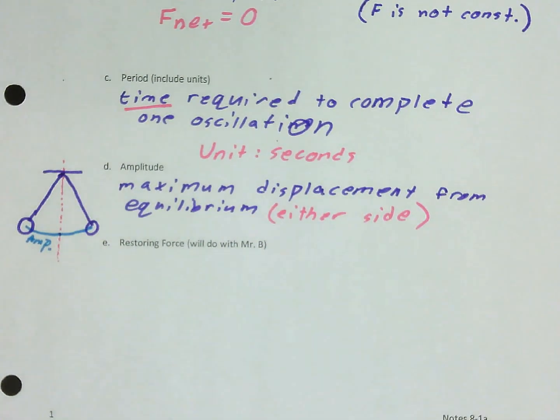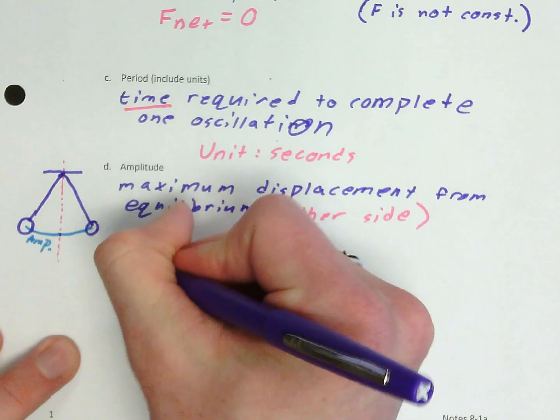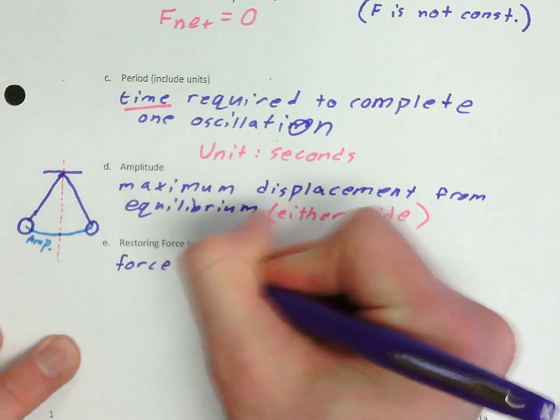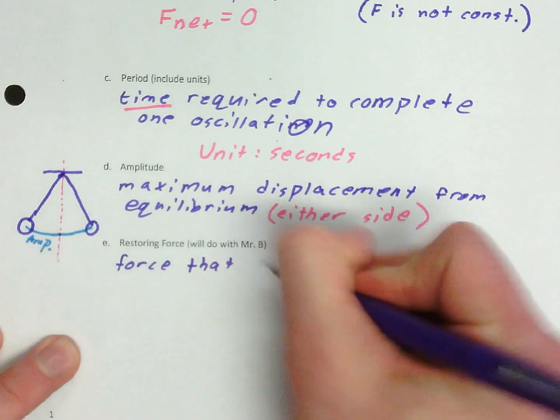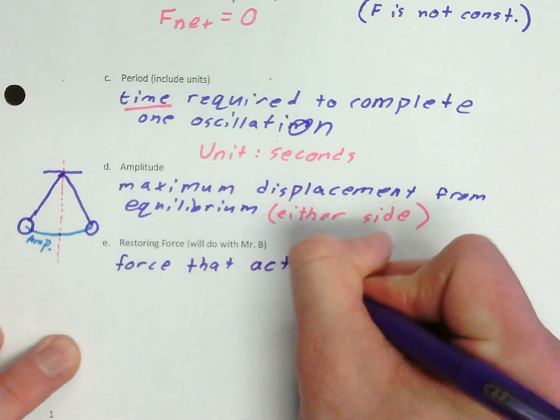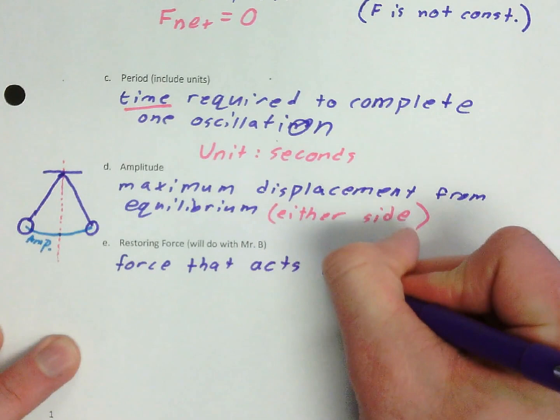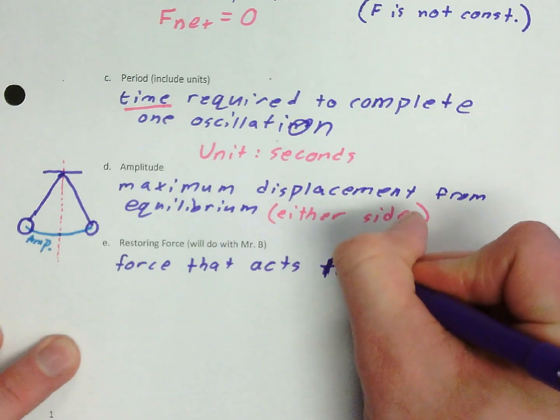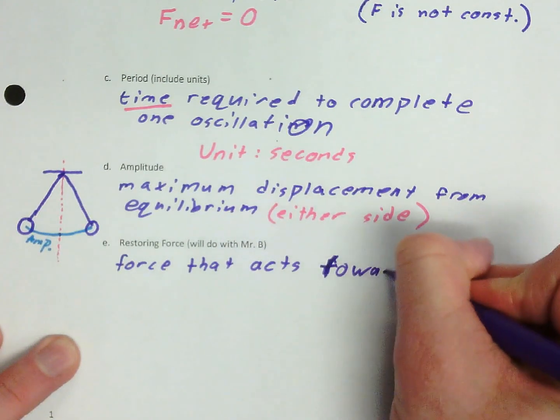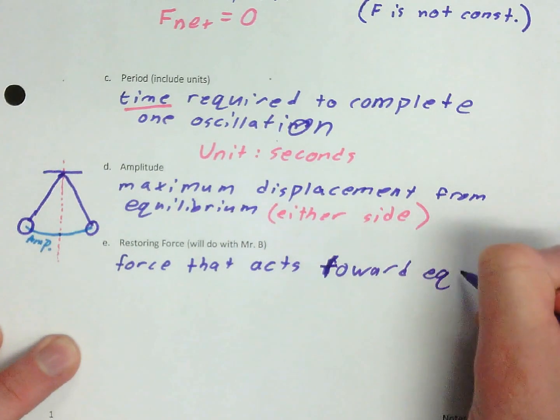Good. All right, so let's look at restoring force. This one I'm going to do with y'all. So restoring force is the force that brings an object back to equilibrium. So it's the force required that brings an object back to equilibrium. So it's the force that acts toward equilibrium.